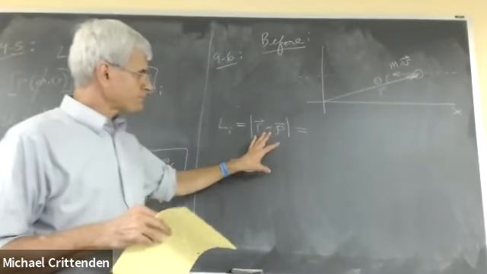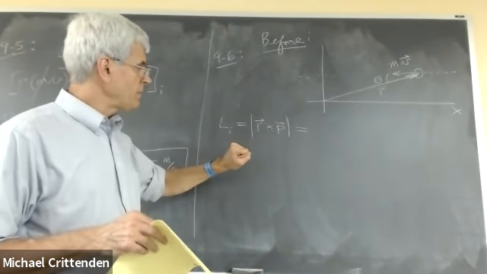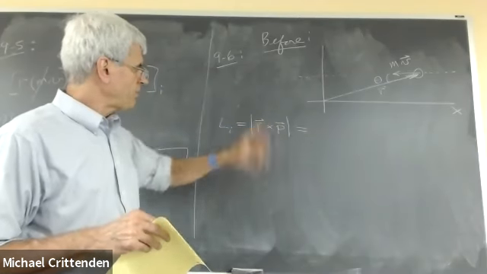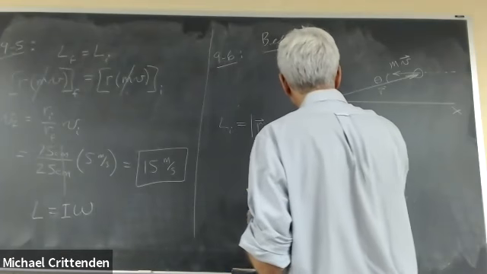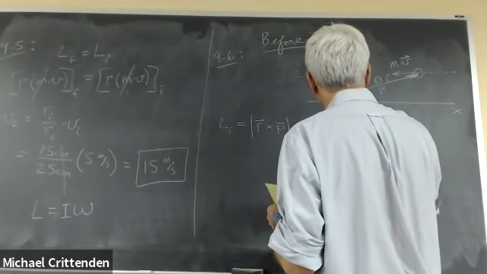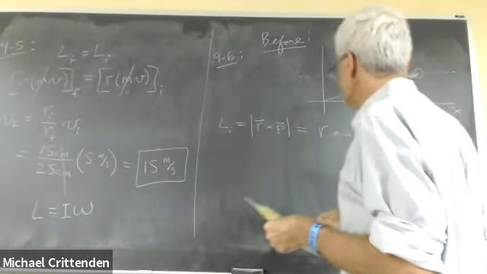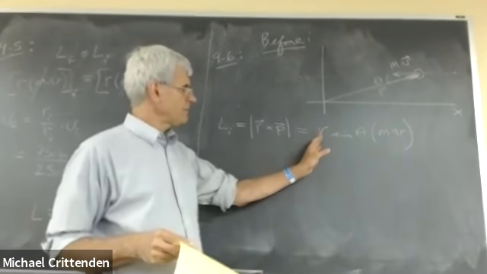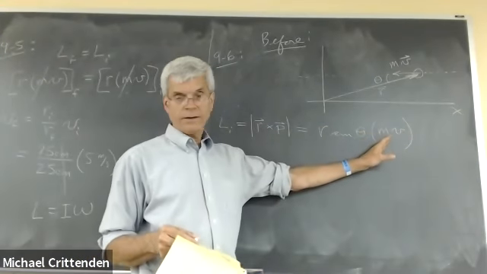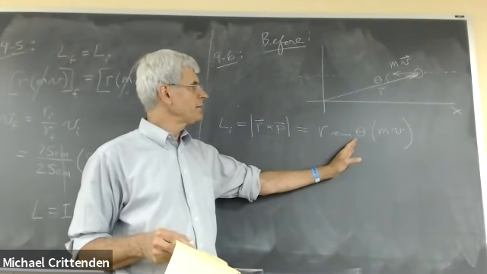But if we're just concerned with how much angular momentum there is, I'll slap some absolute value signs onto it. Magnitude of a cross product is the magnitude of the one vector times the magnitude of the other vector, P equals mv, times the sine of the angle in between.